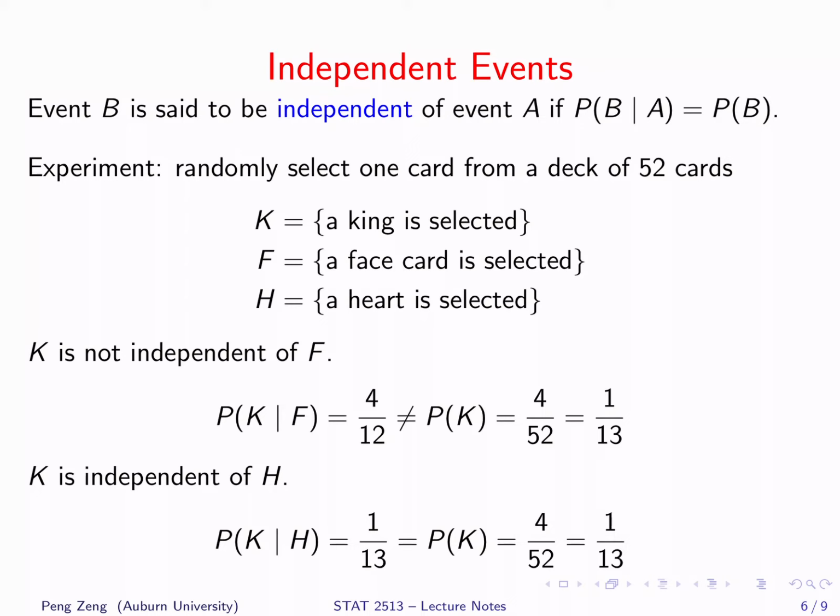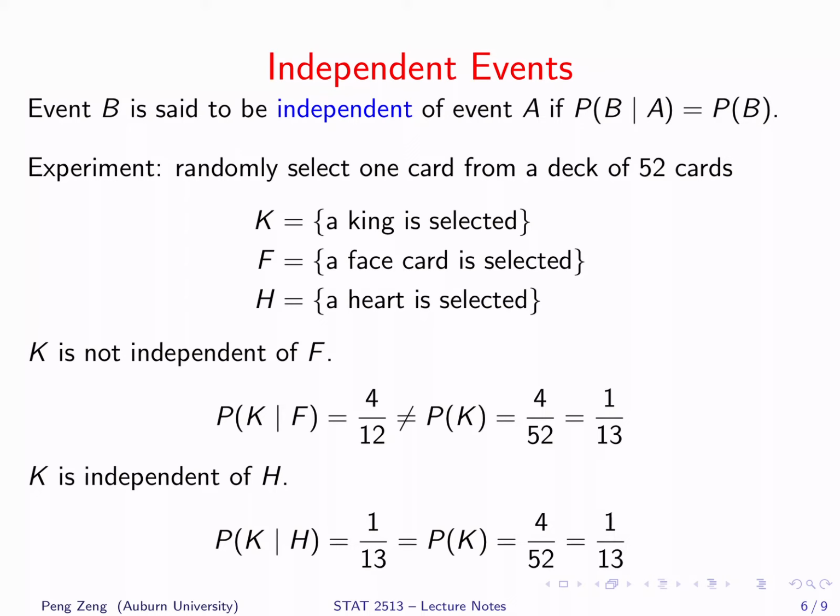Probability of K given F is 4 over 12 because there are 4 kings and 12 face cards in a deck. Probability of K is 4 over 52 because a deck has 52 cards. Clearly, probability of K given F is not equal to probability of K. By definition, K and F are not independent.